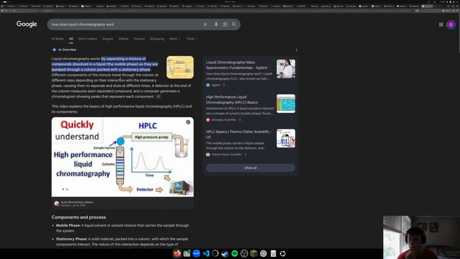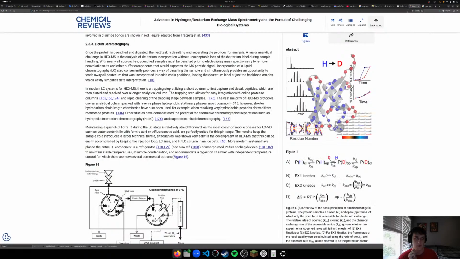Different components of the mixture travel through the column at different rates, causing them to separate or elute at different times. The detector at the end of the column measures each separated compound. All right, but for HDX-MS, there's a trapping step to first capture and desalt peptides that are then eluted to resolve over a longer analytical column.